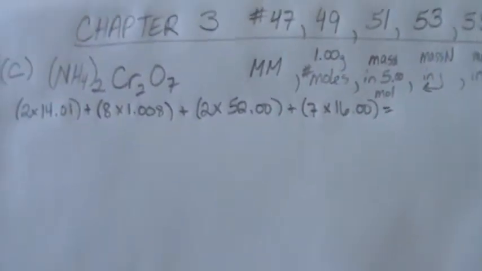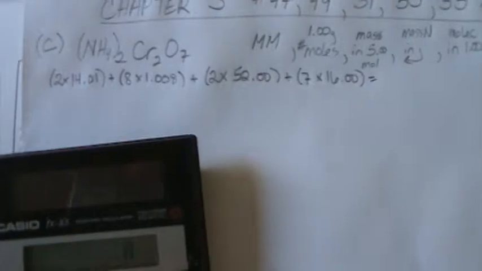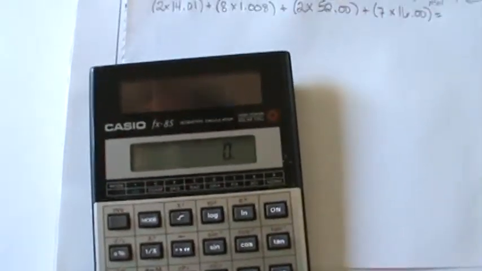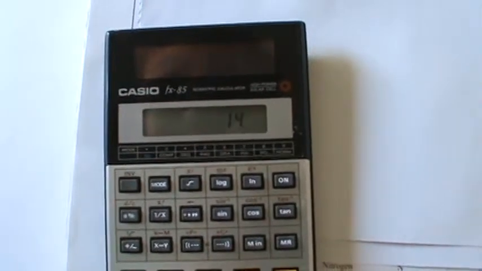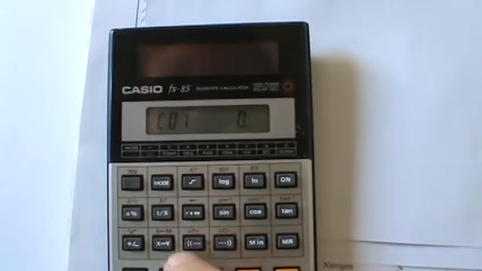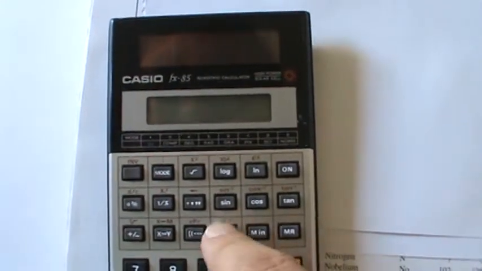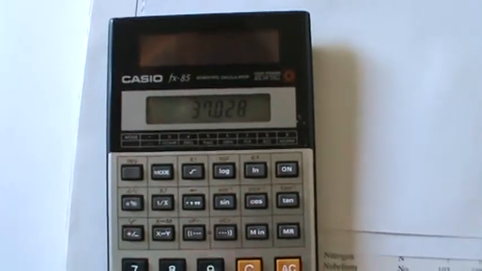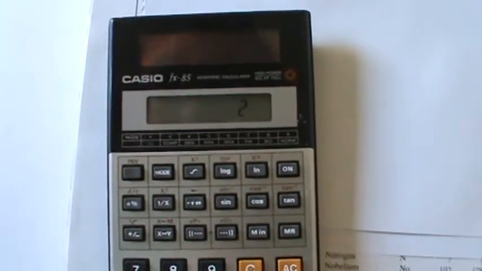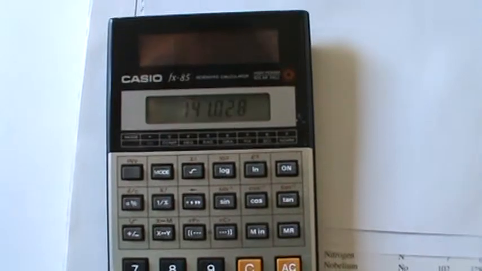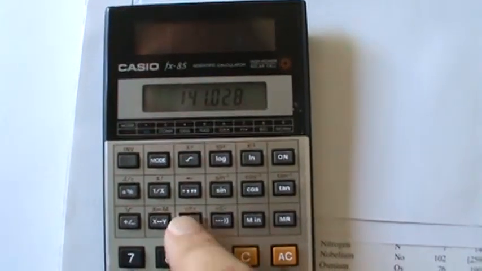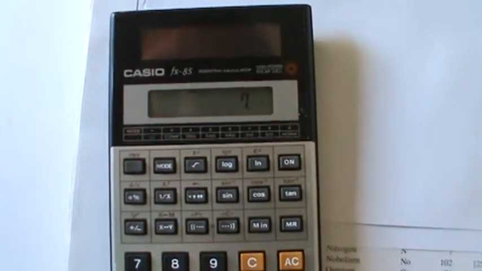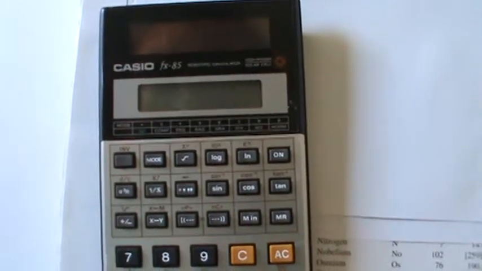Okay, so I can calculate all this. I say 2 times 14.01, plus, now I need to start putting things in parentheses, 8 times 1.008 plus 2 times 52 plus 7 times 16, close parentheses, equals.